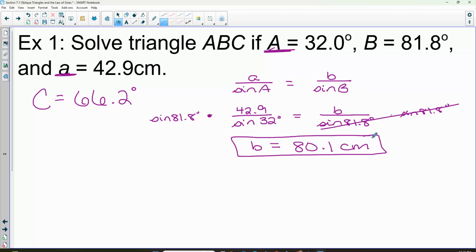Okay, at this point, can I just say, I know a and b, a squared plus b squared equals c squared? Why not? It's not a right triangle. That's what we've always done, but all semester long we've been dealing with a right triangle. We don't have that, so how do I find c?